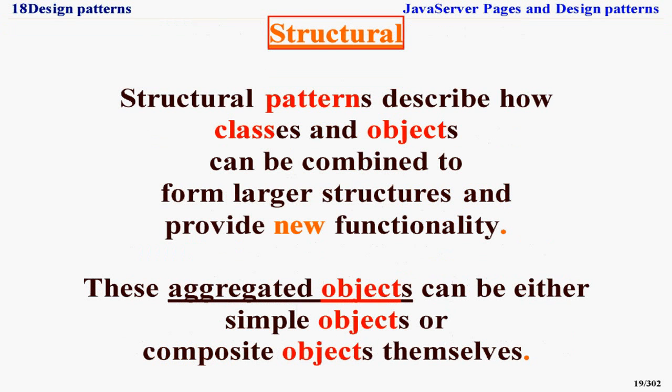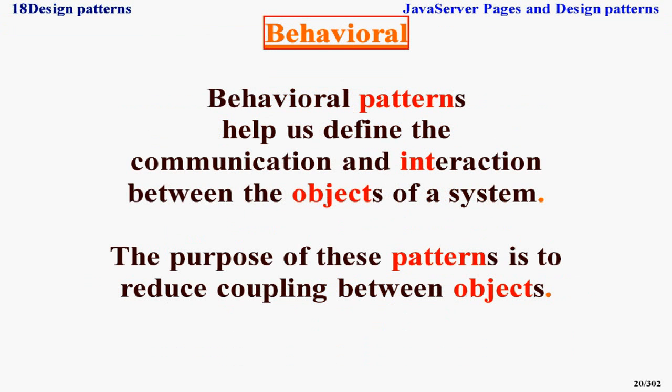Structural. Structural patterns describe how classes and objects can be combined to form larger structures and provide new functionality. These aggregated objects can be either simple objects or composite objects themselves. Behavioral. Behavioral patterns help us define the communication and interaction between the objects of a system. The purpose of these patterns is to reduce coupling between objects.